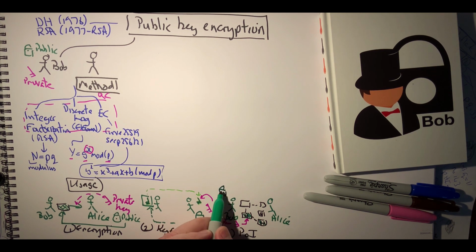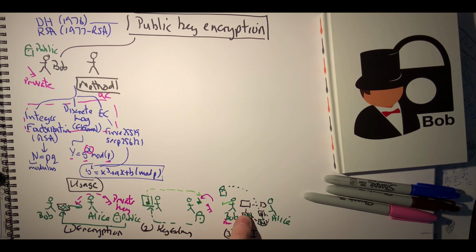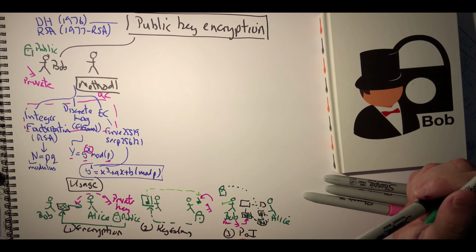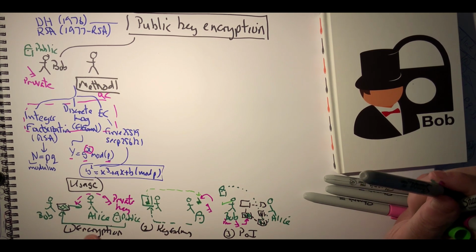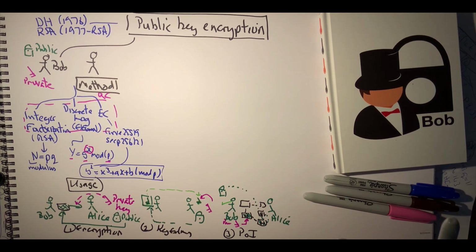So if we have his public key here, which is known, Alice will take that public key, decrypt the hash, and then check that the hashes are the same. If they are the same, then she has proven that it was Bob who signed the message. So that's the third form that we use public key encryption for: proof of identity, key exchange, and encryption.